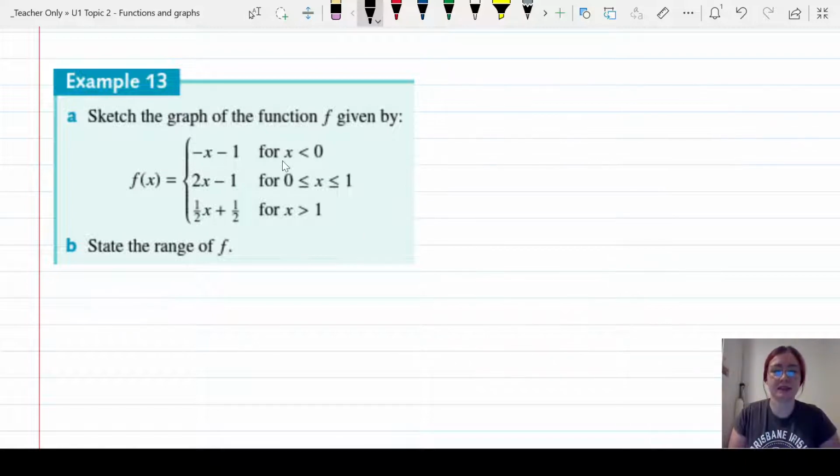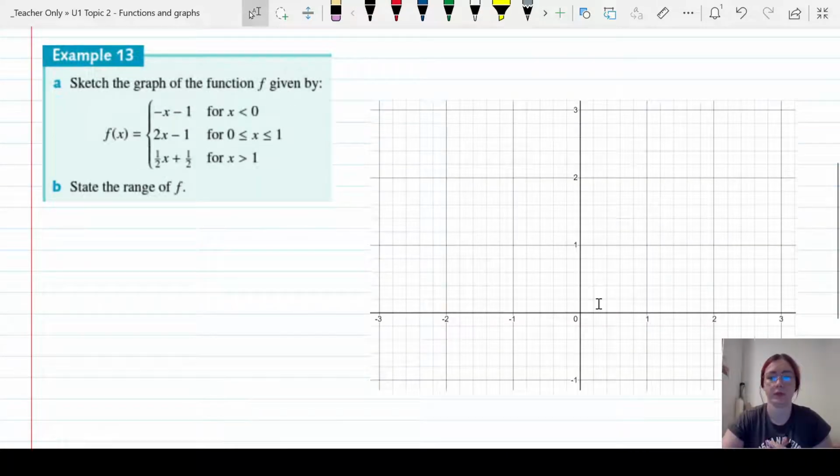When x is less than 0, our relation is going to be negative x minus 1. When it's between 0 and 1, it's 2x minus 1. And when it's bigger than 1, it's 1/2 x plus 1/2. So all we want to do is sketch that piece by piece, just following the rules for that little subset of the graph.